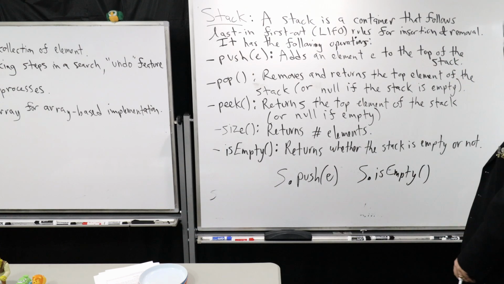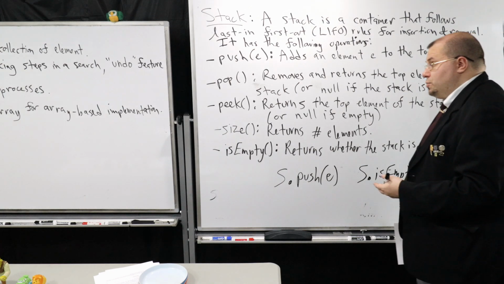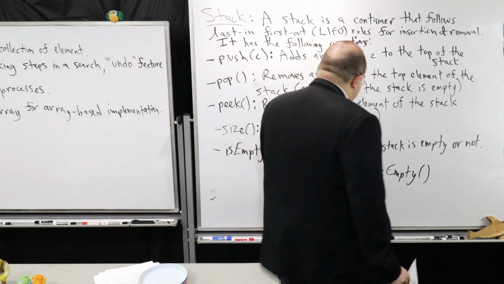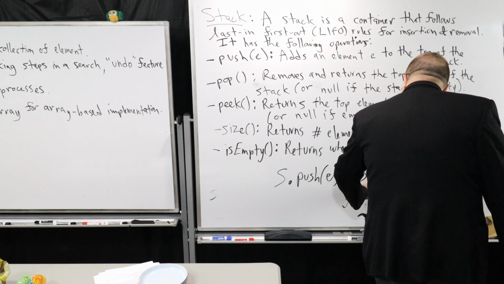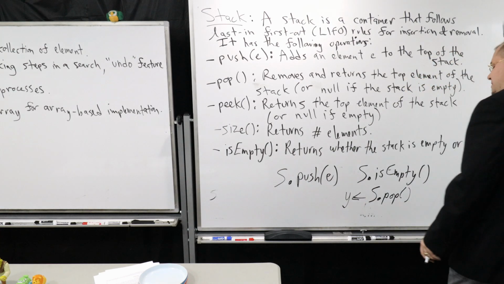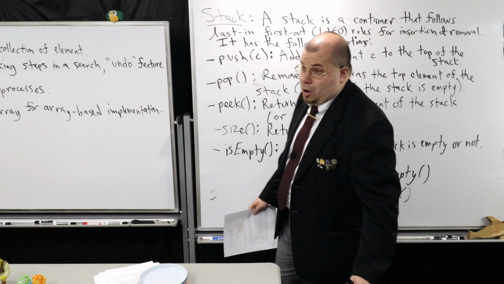So this is me applying that operation. And of course, if some of them return a value, it's just like if you were to assign it. So for example, if I wanted to get the result of applying a pop operation, I have Y, I assign it S dot pop. So this will just pop the stack and it returns me the element that was at the top of the stack, or null if it's empty.